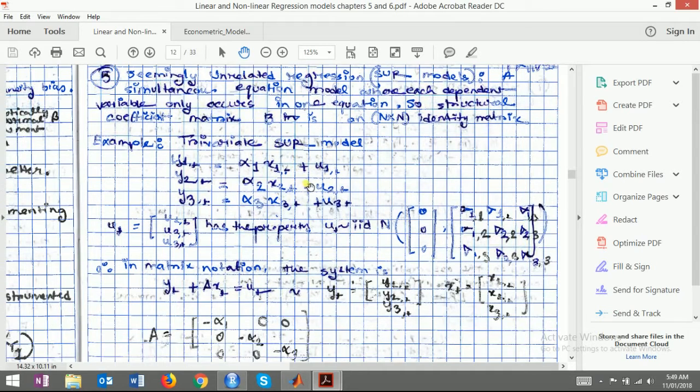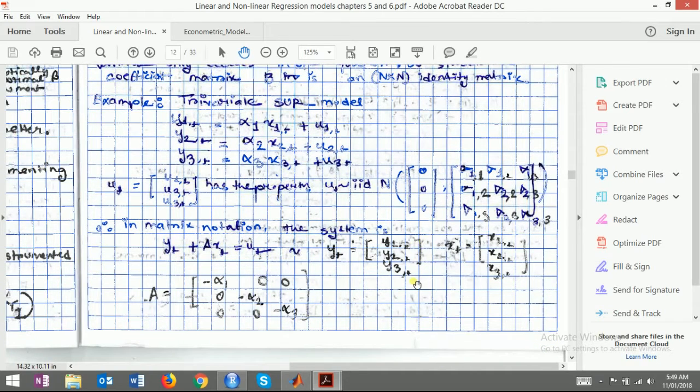ut equals u1t, u2t, u3t has the property that ut is IID with zero mean and sigma variance. In matrix notation, the system is yt plus A xt equals ut.